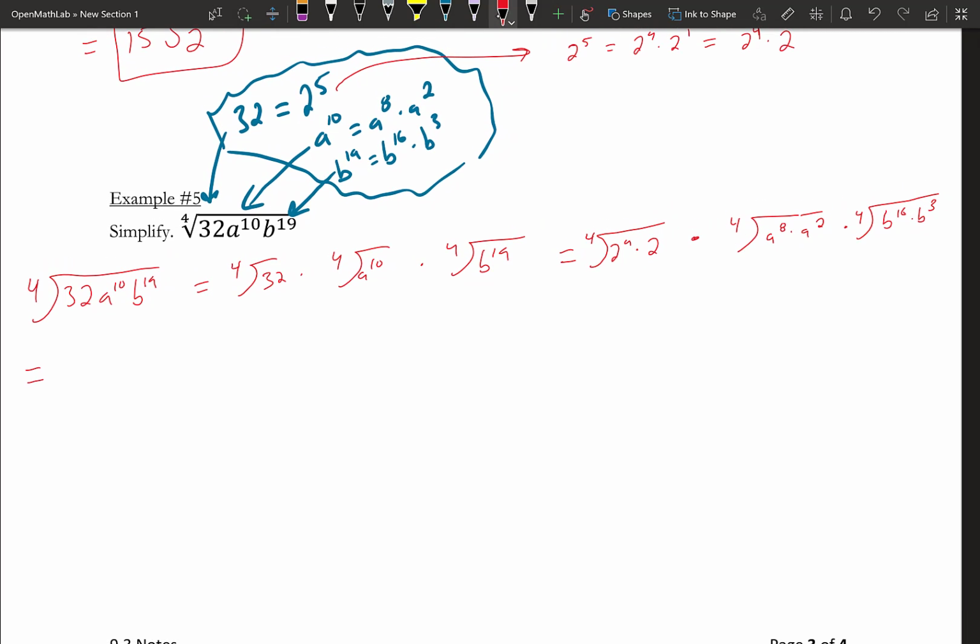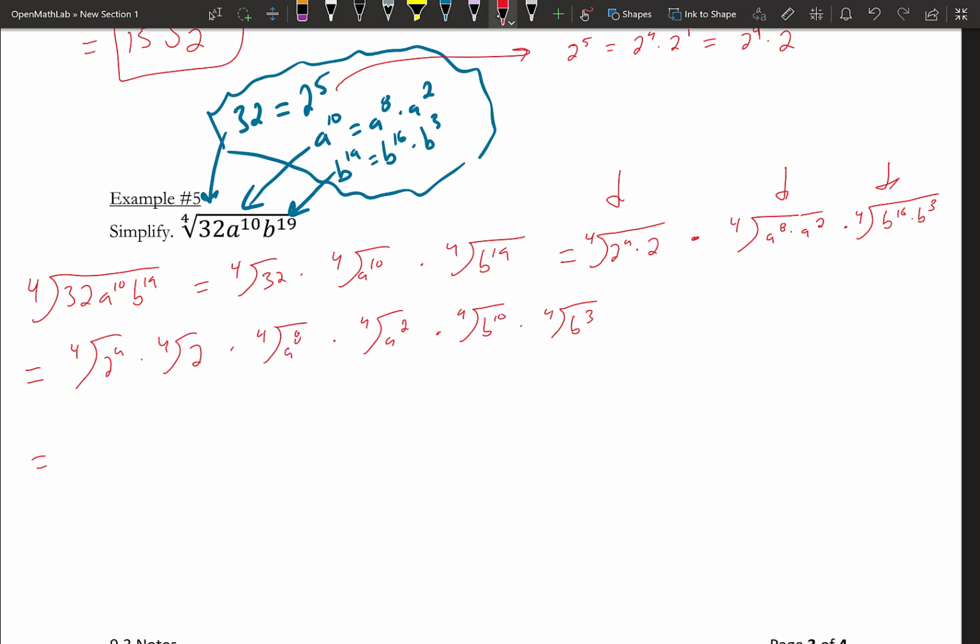So now what I can do is split each of these up using that multiplication property of radicals. So this would be the 4th root of 2 to the 4th times the 4th root of 2 times the 4th root of a to the 8th times the 4th root of a squared times the 4th root of b to the 16th times the 4th root of b cubed.